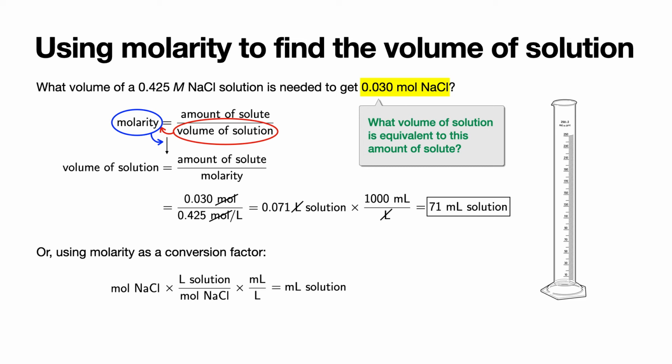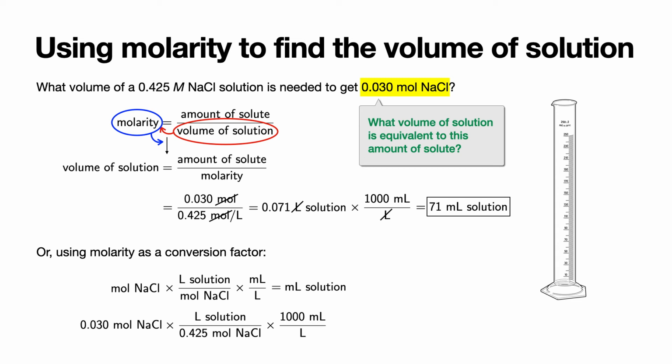Plugging the numbers into these conversion factors, we have 0.030 moles of sodium chloride. 1 liter of solution contains 0.0425 moles of sodium chloride, and then 1 liter is the same as 1,000 milliliters.